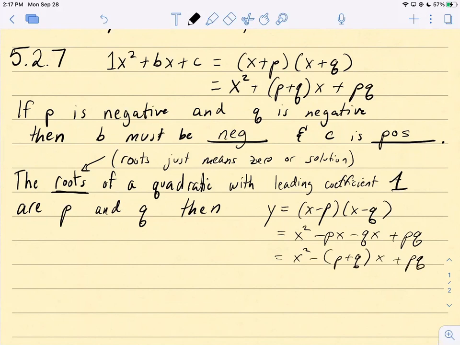What that tells you is that the middle term of a quadratic is the negative of the sum of the solutions, the sum of the roots. This is the negative of the sum of the roots, and this term is the product of the roots.